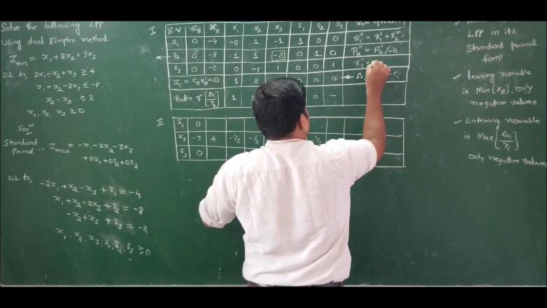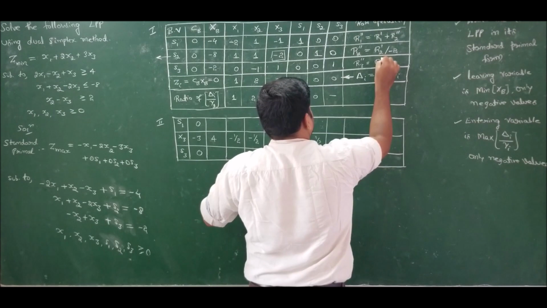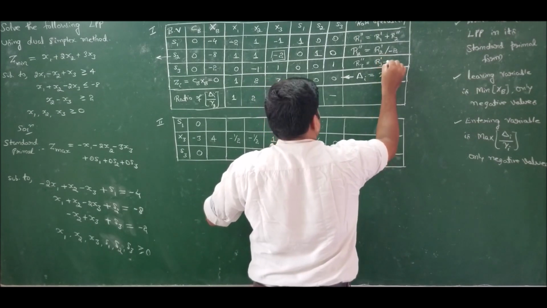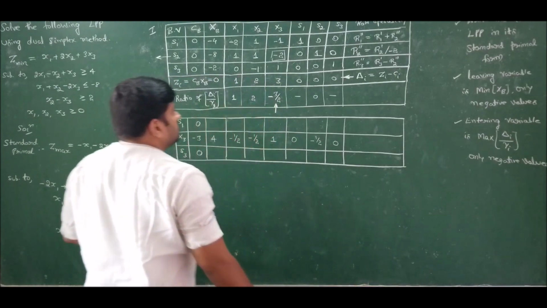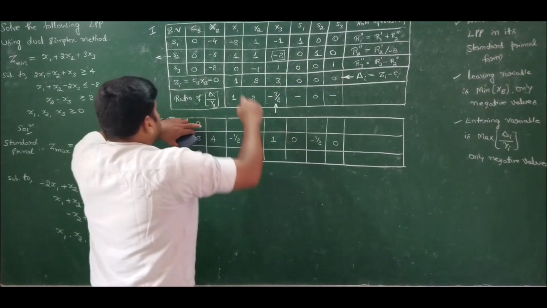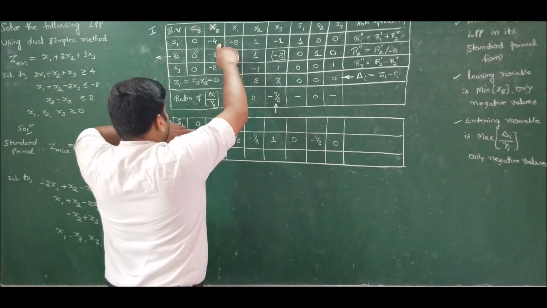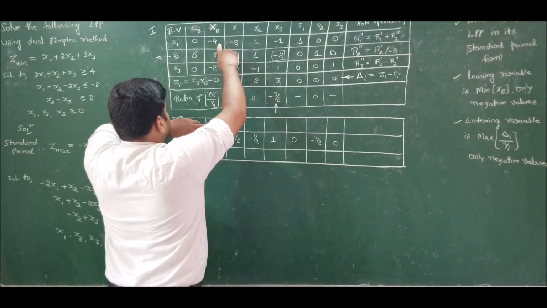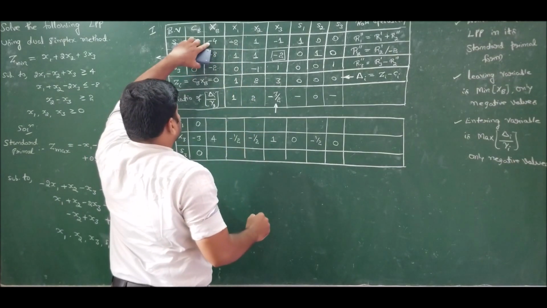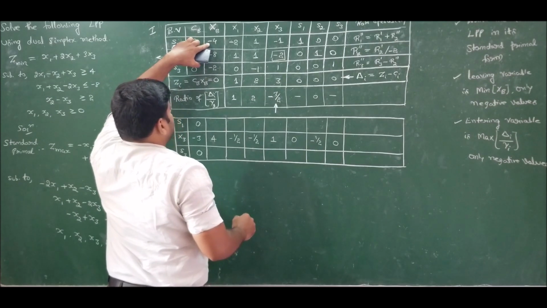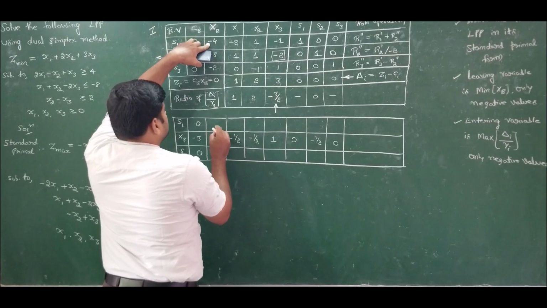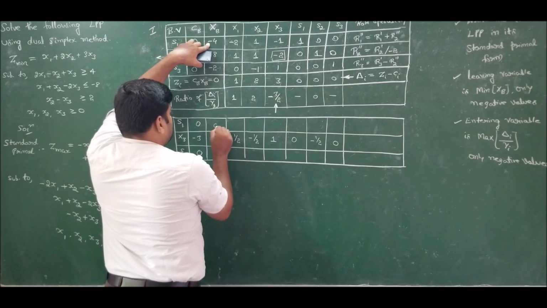R3 of step 2 is R3 of step 1 minus R2 of step 2. So we have minus 4 here, we have plus 4 here. So minus 4 plus 4 will become 0.